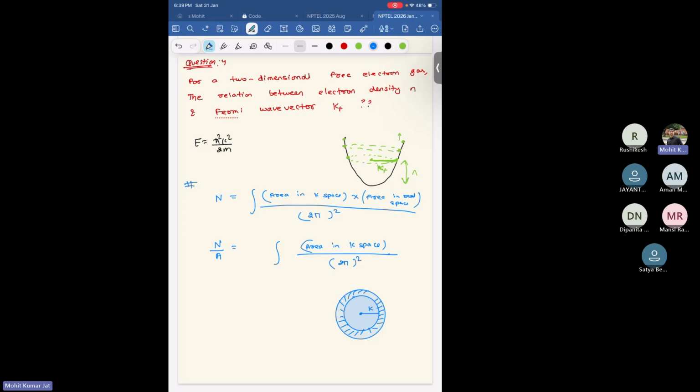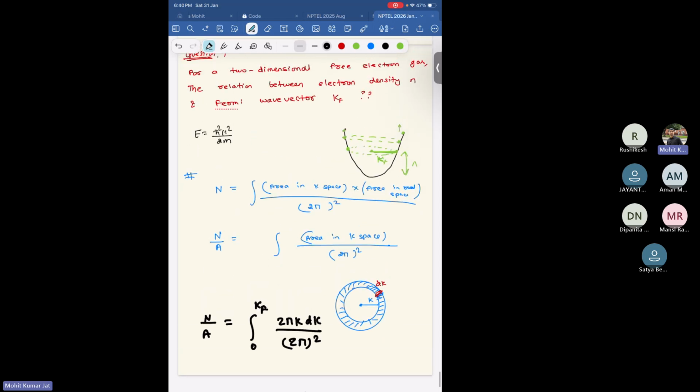The width of this ring, which you are seeing here, is dk. Then you write the area element as n by A equals integral 0 to kf, up to the Fermi surface, of 2 pi k dk by (2 pi) square.